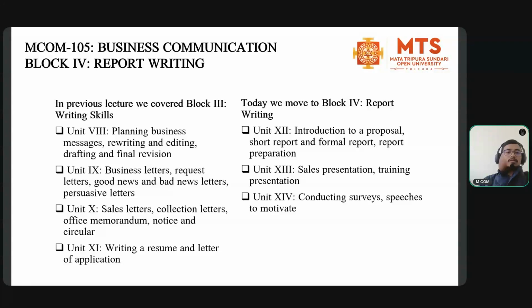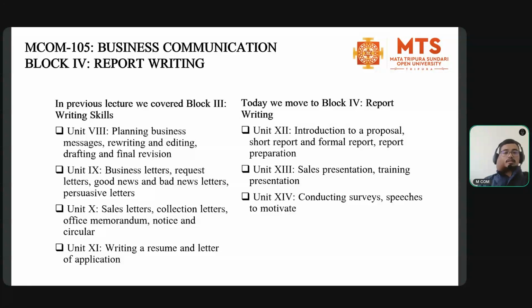Now, what is the recap of the previous lecture? What have we actually covered? What have we learned? In block 3, as you can see here, there are 4 units. We learned how to write effectively for business purposes.